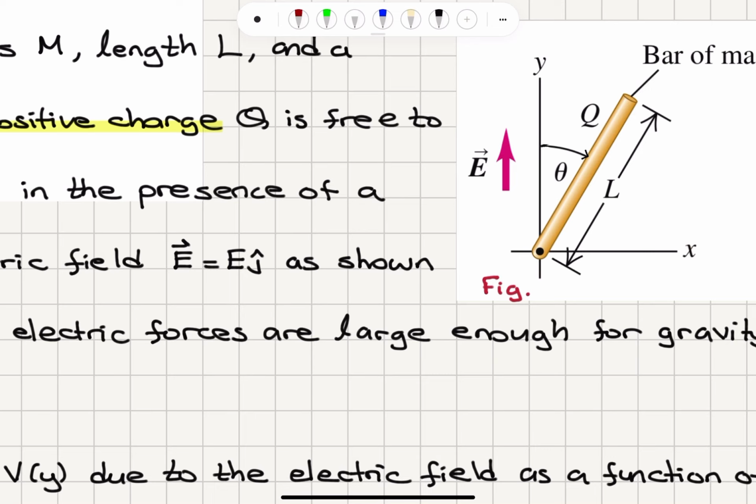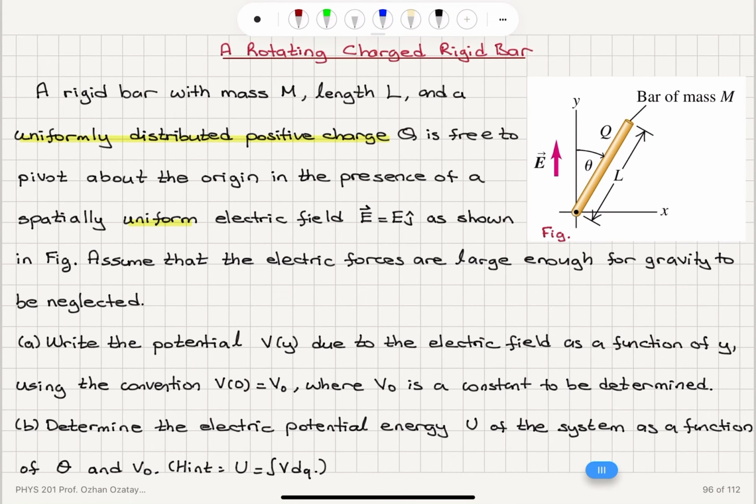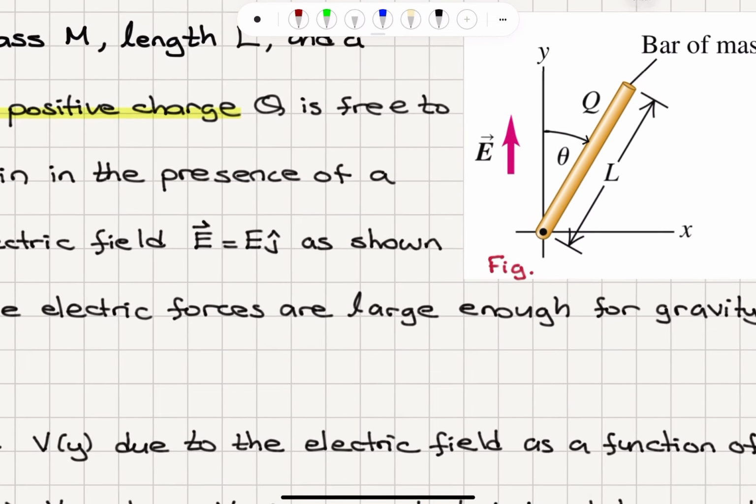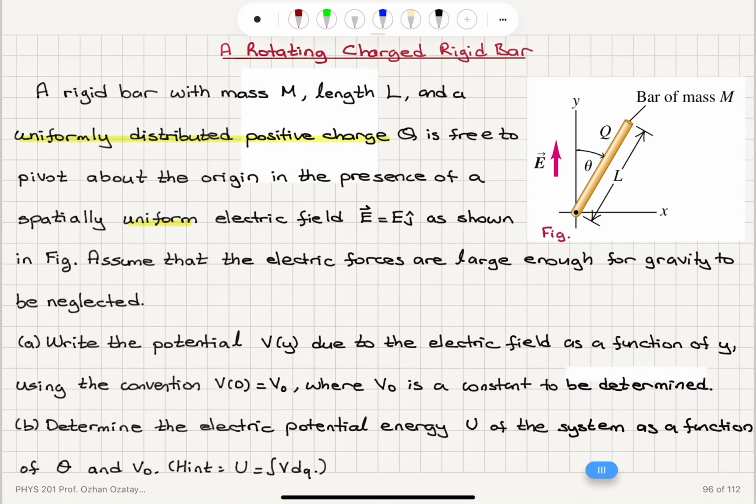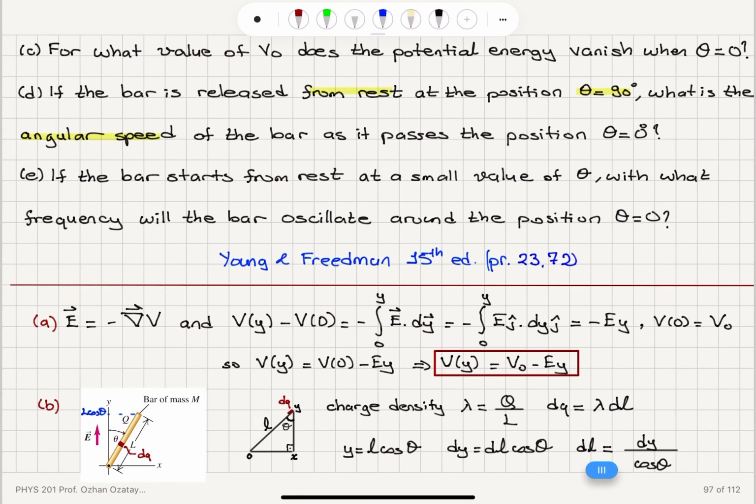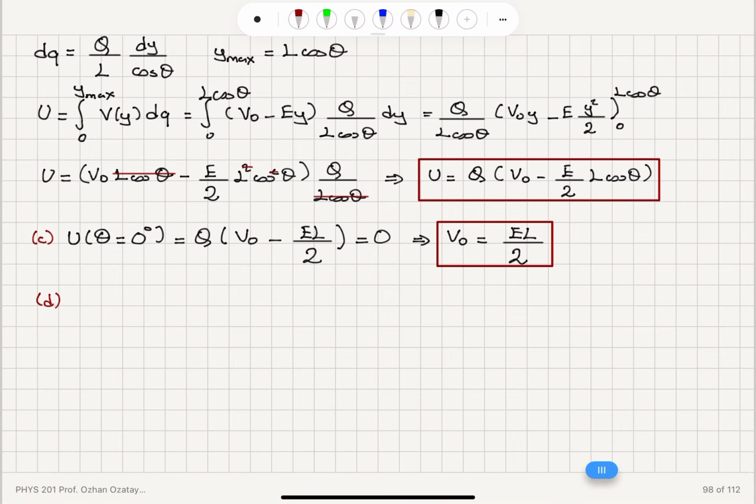And then it's going to rotate until theta becomes 0 degrees. So we would like to know the final angular speed. Remember that the gravitational force has no effect here. The force that we're considering is the electrical force due to this uniform electric field.